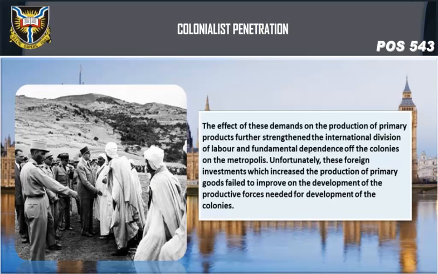The effect of these demands further strengthened the international division of labor and fundamental dependence of the colonies on the metropolis. Unfortunately, this foreign investment failed to improve the development of the productive forces needed for development of the colonies.